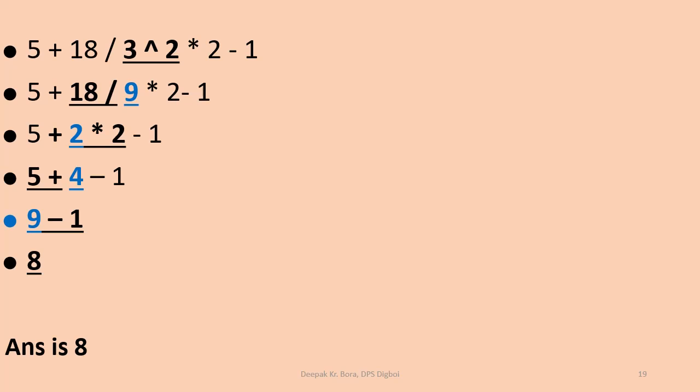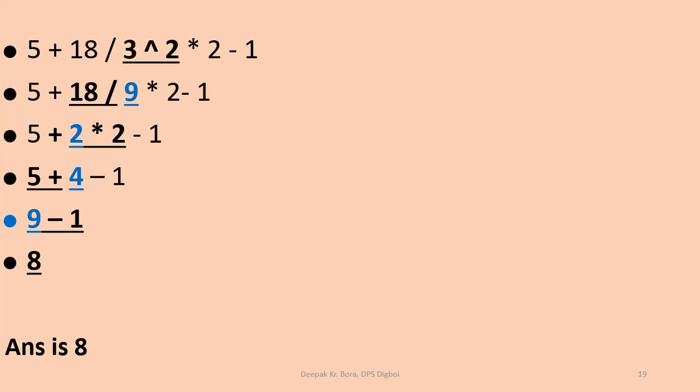In the next example, we have 5 plus 18 divided by 3 to the power 2 into 2 minus 1. According to Bodmas, here we don't have a bracket, but we have the power or the exponentiation operator, which is of higher hierarchy. So we are going to solve that first. 3 to the power 2, that is 3 into 3, that is 9.